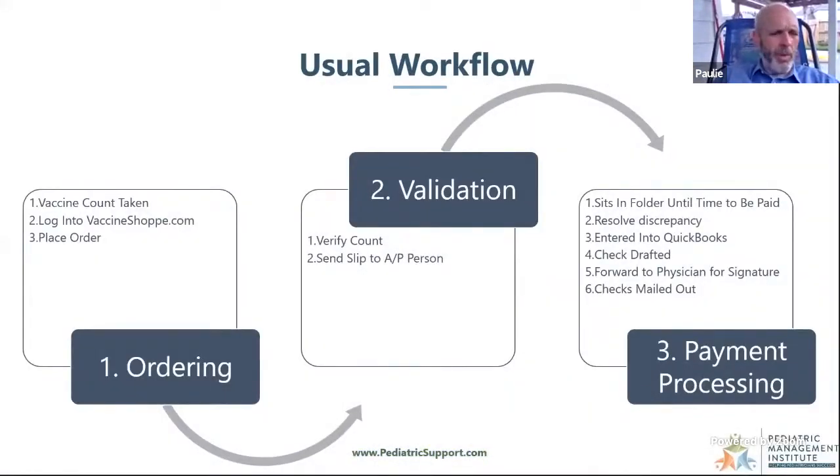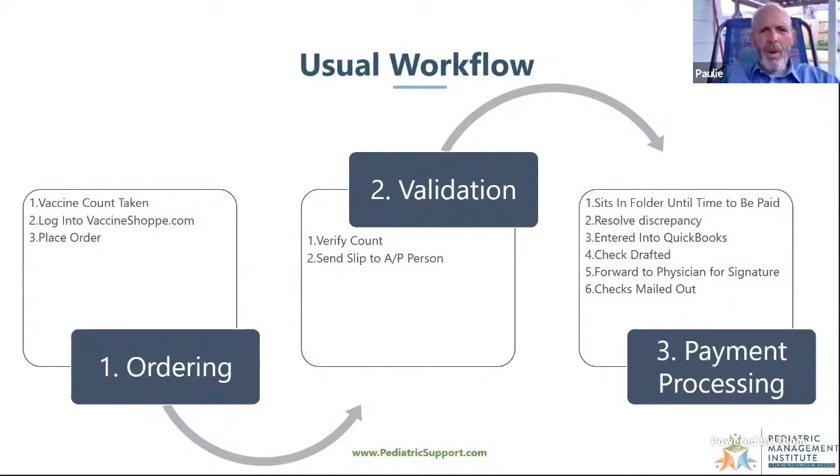And so those are important things, but also we look at the validation to make sure that things are being done, for example, in the vaccine payment. For example, when you order your supplies, think about how that's done. Do you just go in the vaccine shop or Merck or Pfizer and place the order, and then the next thing you know, you get an invoice and pay it?